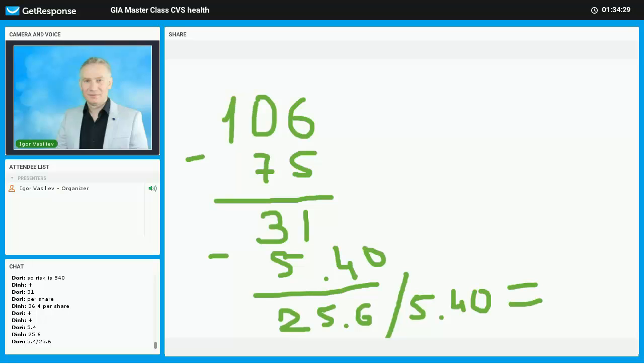That would be the return, because we divide profit by our investment. Then multiply by 100, so we get 474%. Okay. Is it nice? Crazy, right?